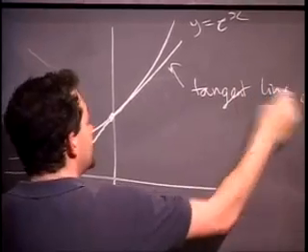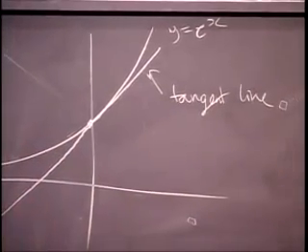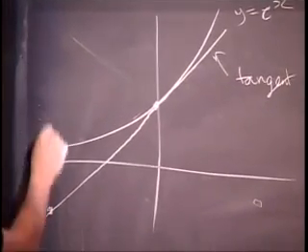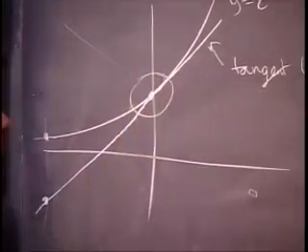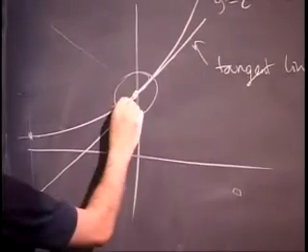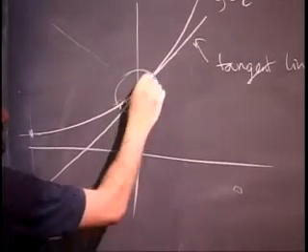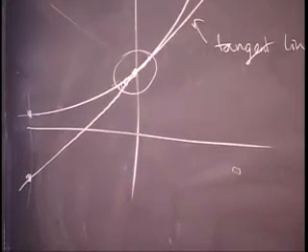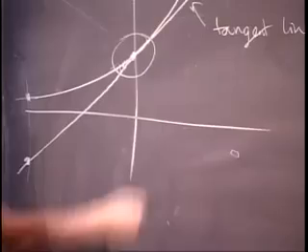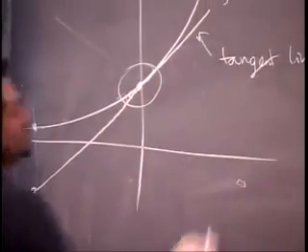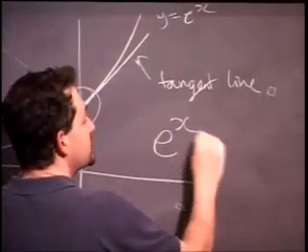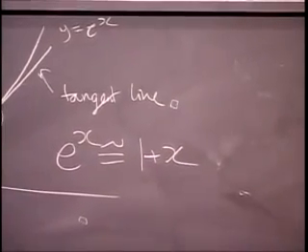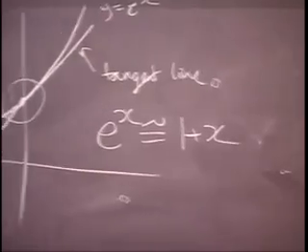Now the heights are very, very bad when you're down here. This is nowhere near there in height. But actually when you're close to 0, the heights are pretty close. At 0, they're perfect. But away from 0, if you're close, it's not bad. In fact, we even said that e to the x is approximately equal to 1 plus x. And 1 plus x is this linearization, as you can work out.